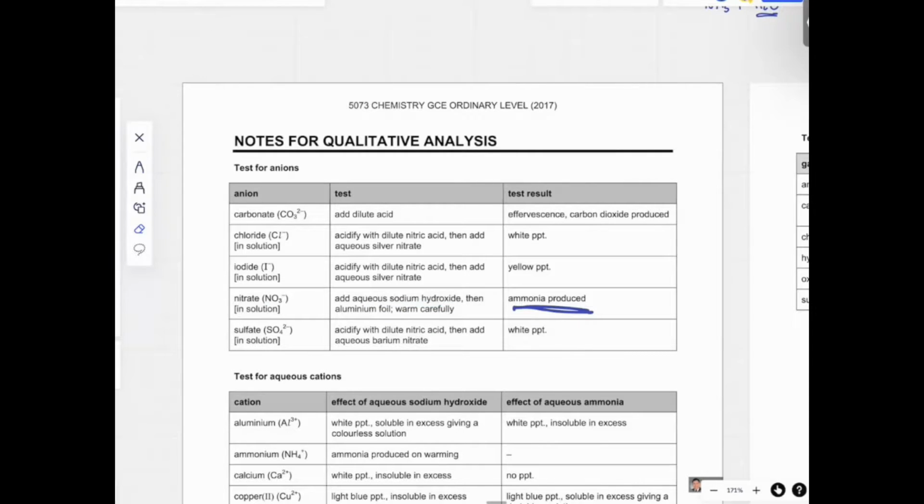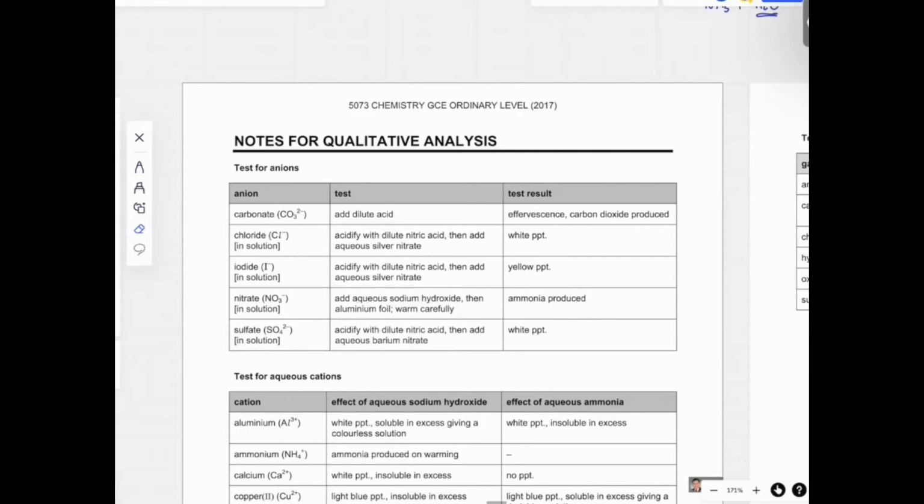Sodium hydroxide is a colorless solution. Aluminum foil looks like silver, shiny. Then you produce ammonia, and you can tell by the pungent smell.